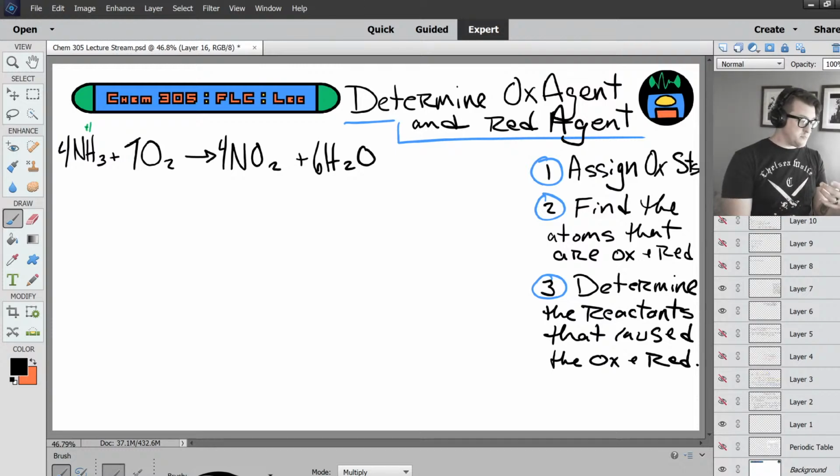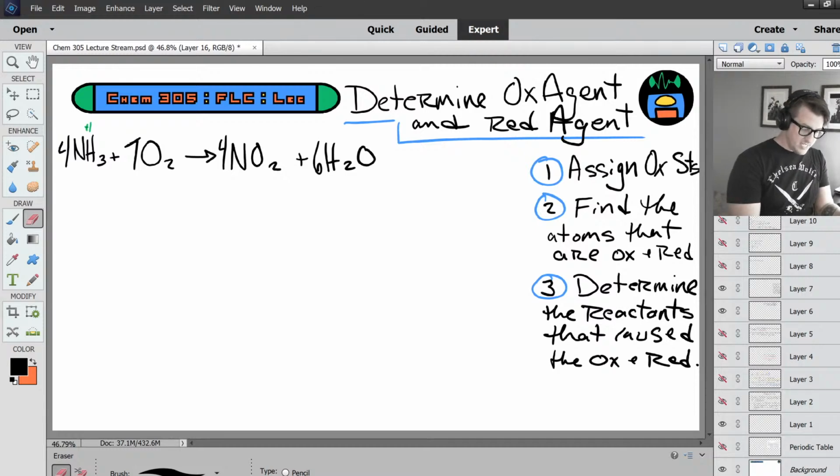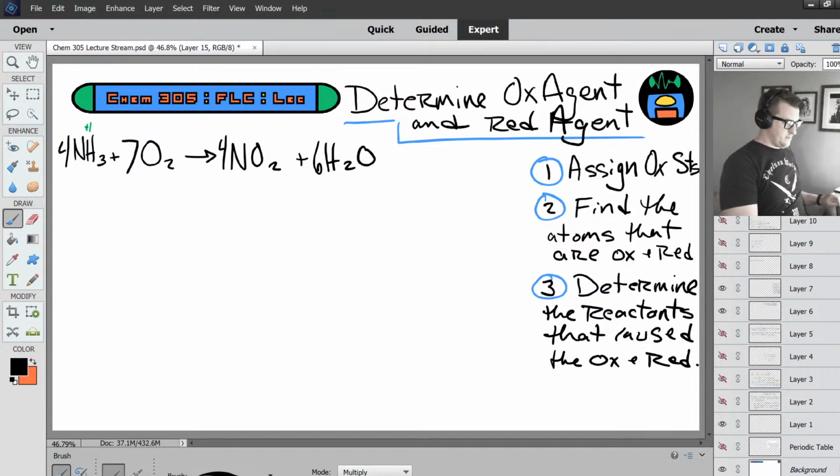That's a stoichiometric coefficient of 7, and 7O2.